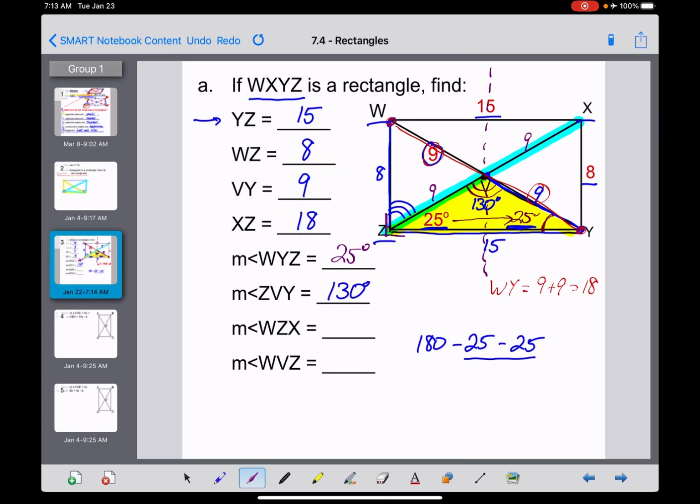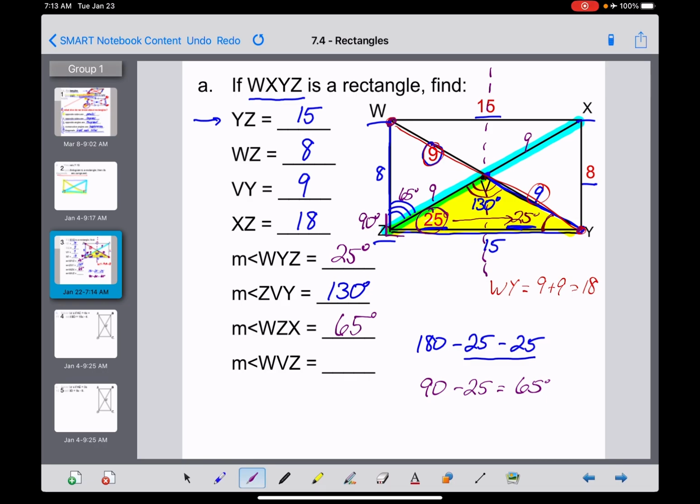So that means that angle Z in total here has to be 90, and we've got a 25-degree angle right here. These two angles here are going to be complementary angles, two that add up to 90. So I would take 90 now minus the 25 that I already have, and we'd end up with 65 degrees now for the measure of this angle. And there we go for the measure of angle WZX.